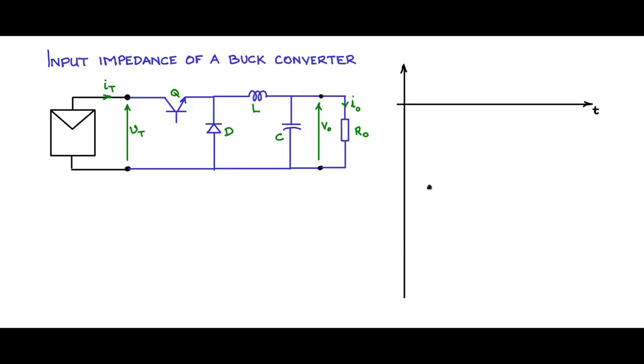Let us have this set of graphs. So one axis here, the x-axis, which is the time, and the y-axis VL. VL is the voltage across the inductor, and it is measured like this with a common point of the probe on this end of the inductor and the positive end of the probe at this point.